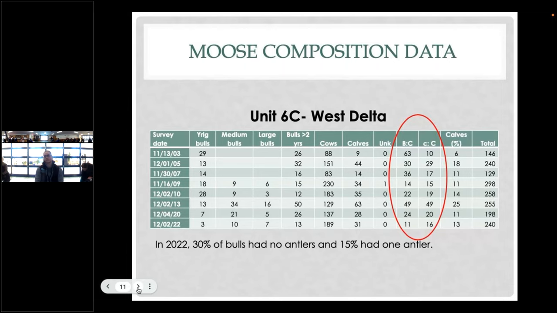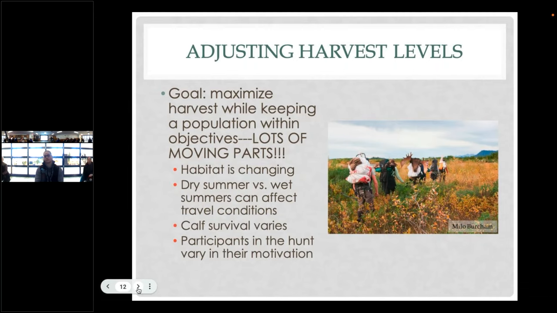So what do we do with all this information now? Well, we have the goal of maximizing our harvest while at the same time keeping the population within objectives. And there's lots of moving parts, a lot of which I can't control and I also can't even understand. Our habitat is changing, and we've had record dry summers and record wet summers in the same 10-year time frame.